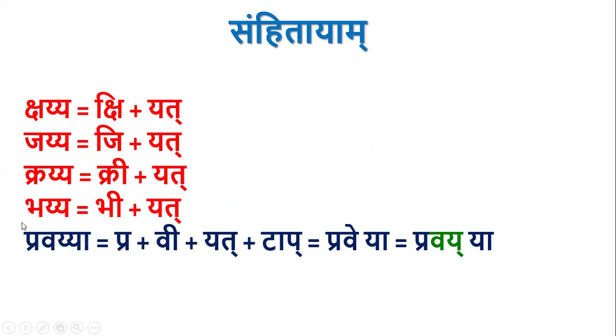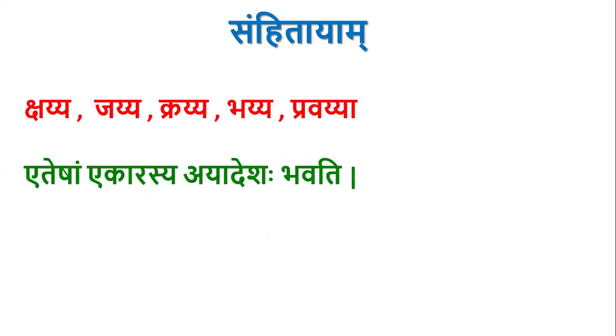Otherwise, this form cannot be derived. But there is no sutra which allows Ayadesha. So, eteshaam ekarasya ayadeshaha bhavet. It should allow. There should be some sutra. There should be Ayadesha for these 5 cases.